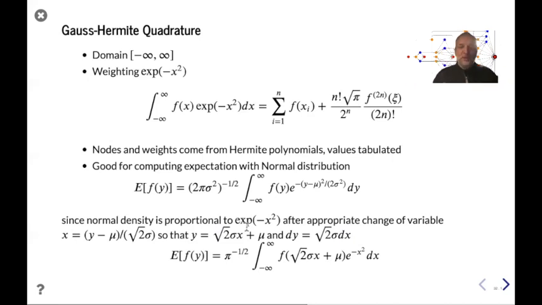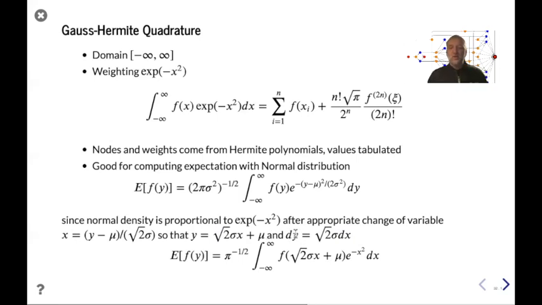Anyway, after this change of variable, you can define x such that x is equal to y minus the mean, divided by the square root of 2 times the standard deviation. So we get y equal to the square root of 2 times the standard deviation times x plus mu.